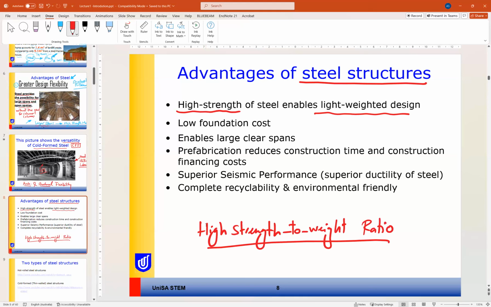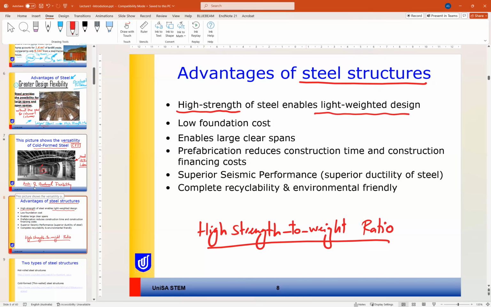So the strength is high strength to weight ratio. This means that you can have high capacity or high strength of members with less weight compared to other material like concrete and timber.